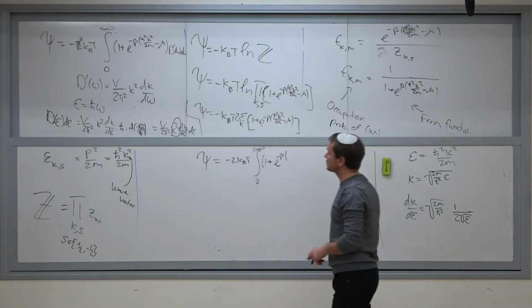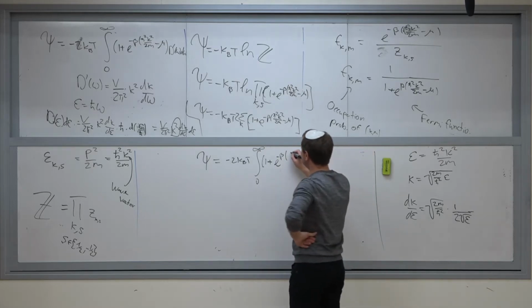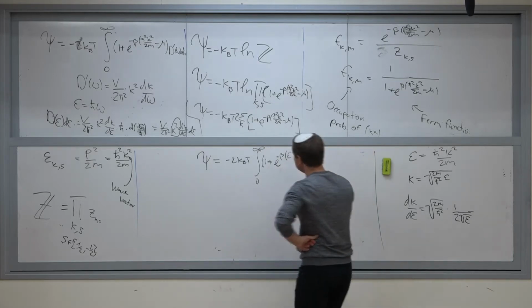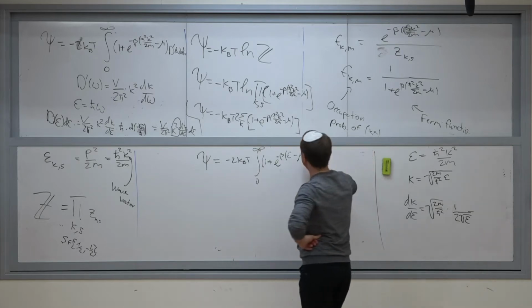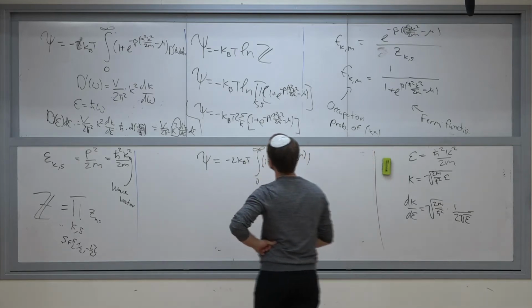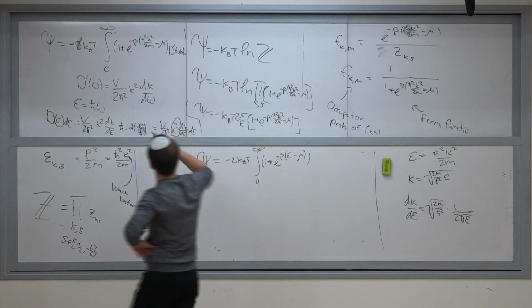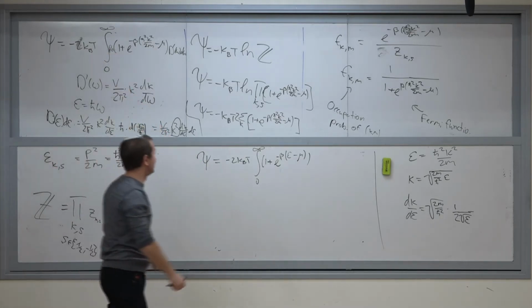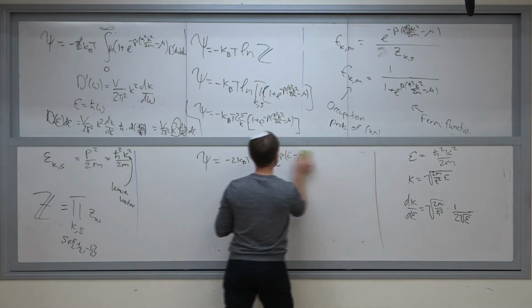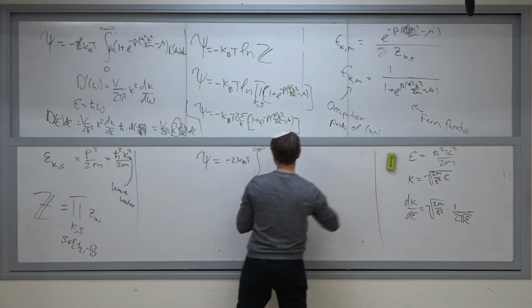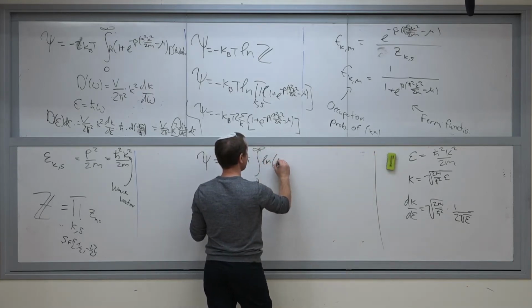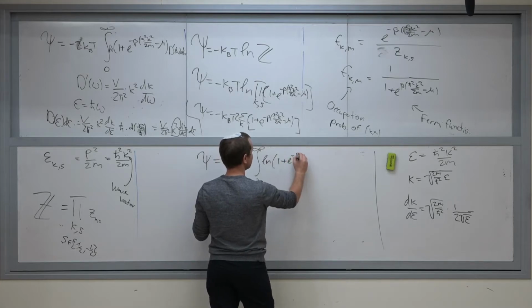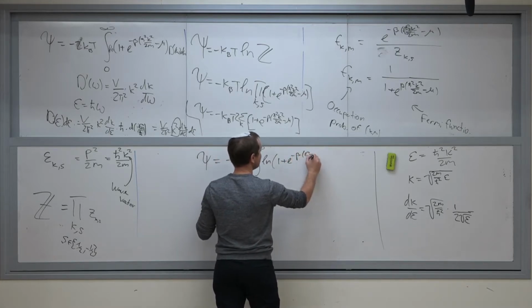Instead of h bar squared k squared divided by 2m, it's just epsilon minus mu. Oh, I'm sorry, I forgot the log over here. Here it also should be a log. So it's a log of 1 plus e to the minus beta epsilon minus mu.